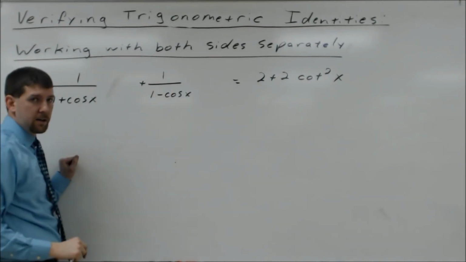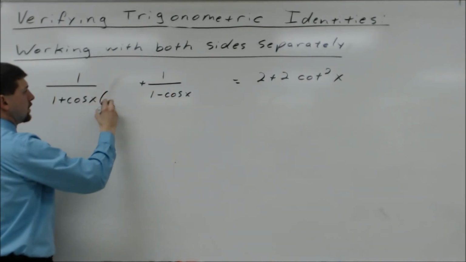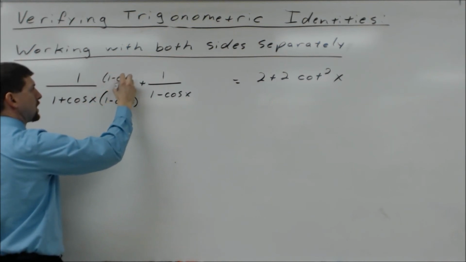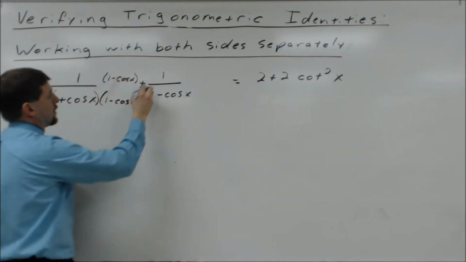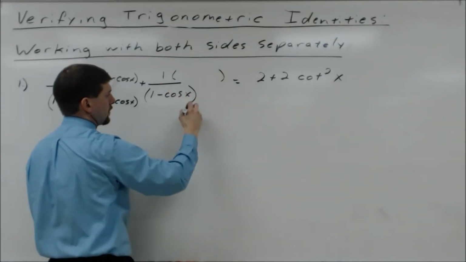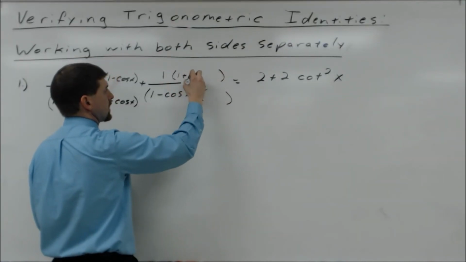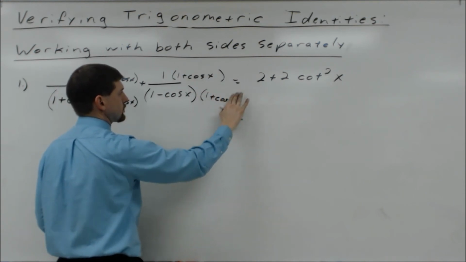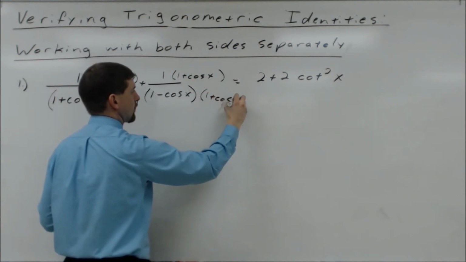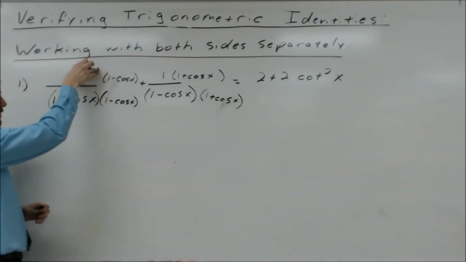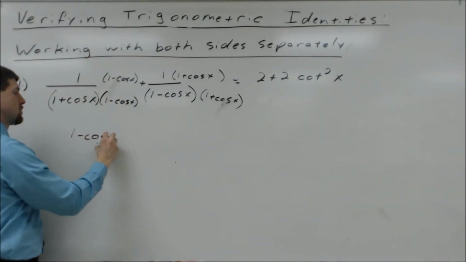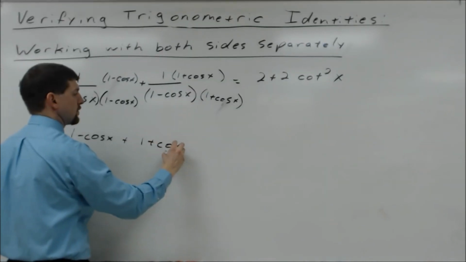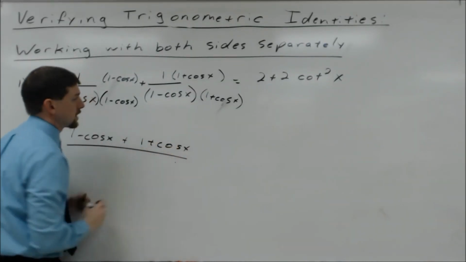So again, it's get a common denominator. So I need 1 minus cosine of x on the top and bottom of the 1 plus cosine of x fraction. So I get my first numerator, 1 minus cosine of x, plus 1 plus cosine of x, all over my common denominator.